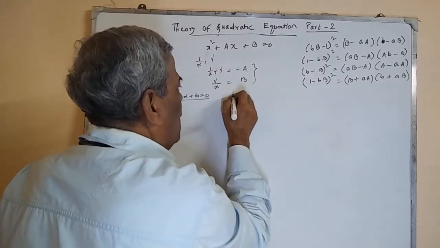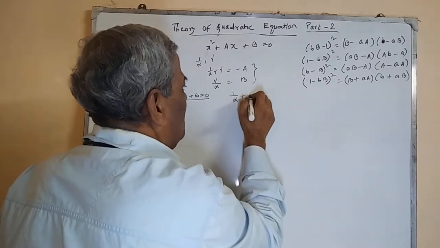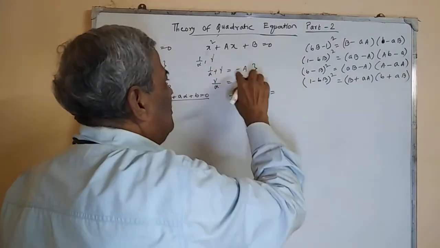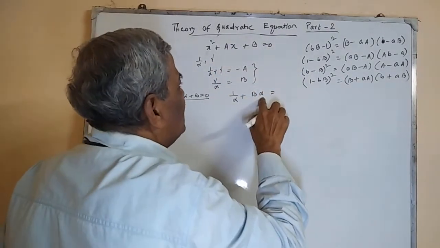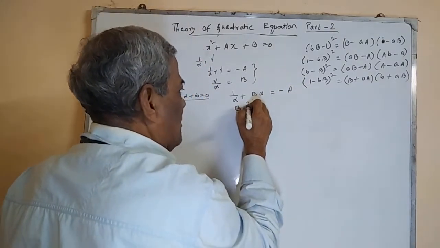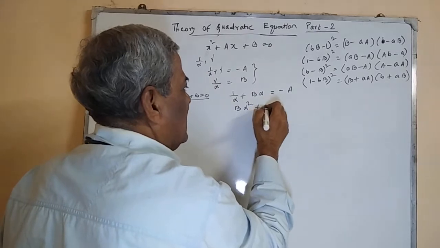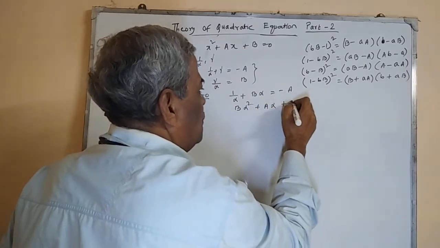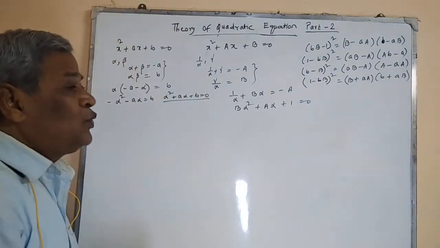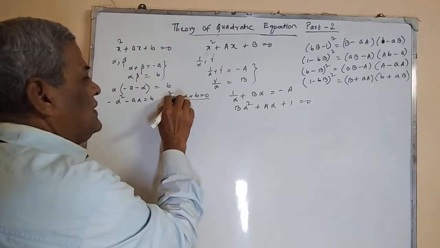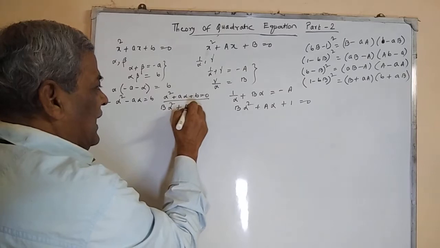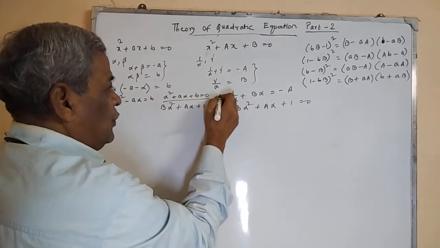Put it there: 1 by alpha plus gamma is equal to minus A, so B alpha is equal to minus A. That is B alpha square plus A alpha plus 1 is equal to 0. So we get actually two quadratics in alpha. One is this, other is that: B alpha square plus A alpha plus 1 is equal to 0.